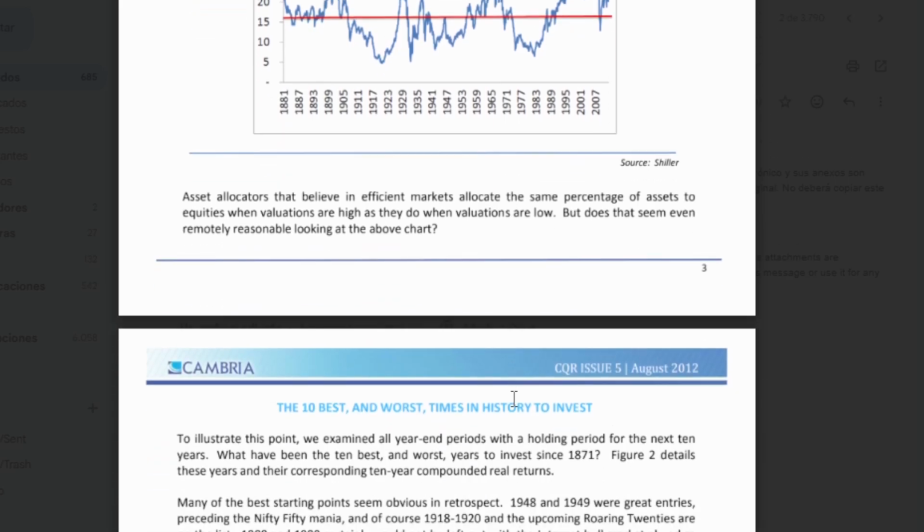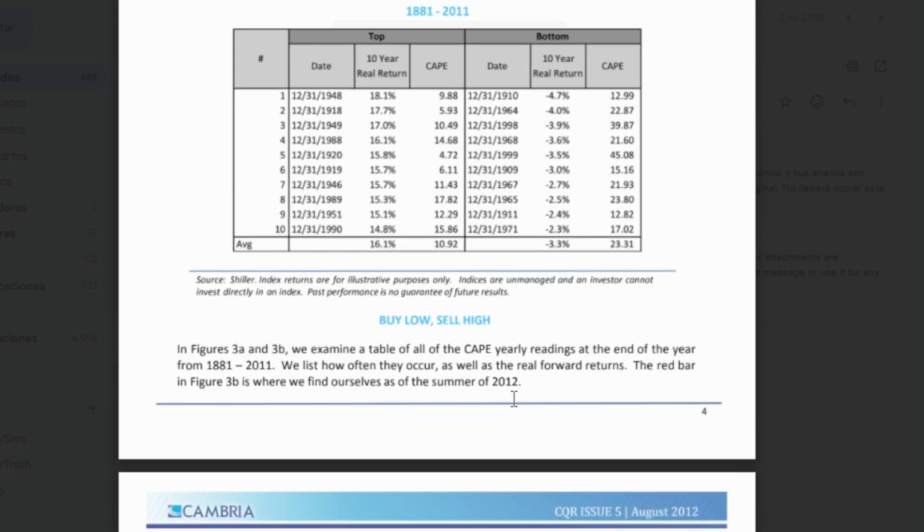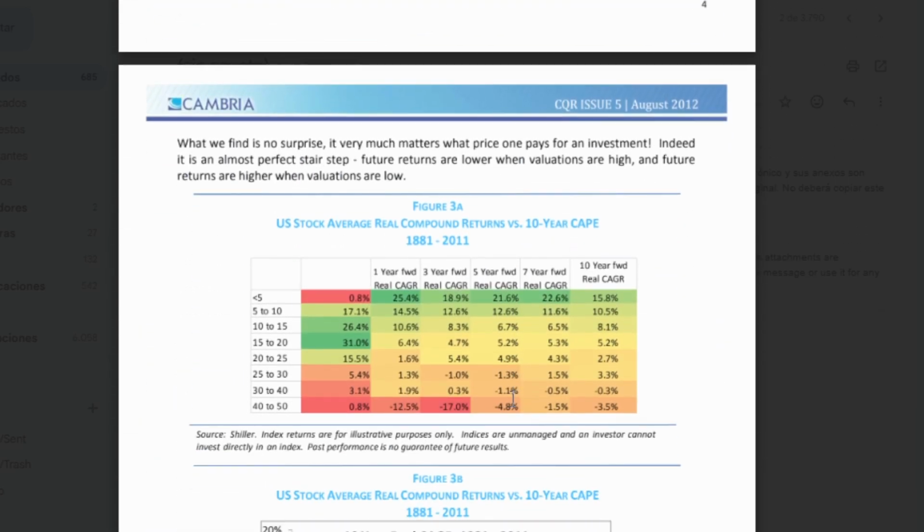Now let's go on. Let's scroll down and focus on this interesting table.